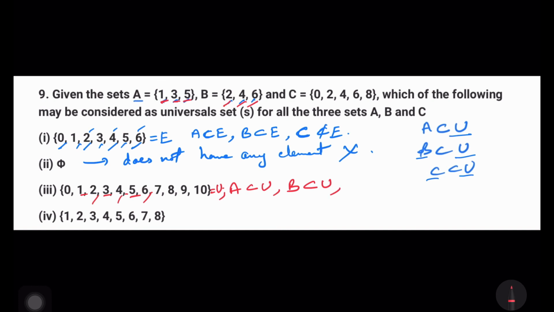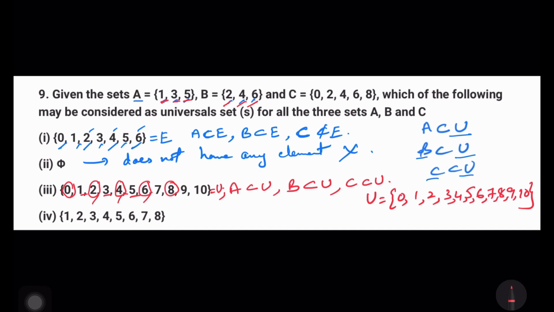Next, C: 0 is here, 2 is also here, 4 is also here, 6 is also there, 8 is also there. It has more elements than that also. So C is a subset of U. So this universal set consists of 0, 1, 2, 3, 4, 5, 6, 7, 8, 9 and 10. So this is said to be a universal set.